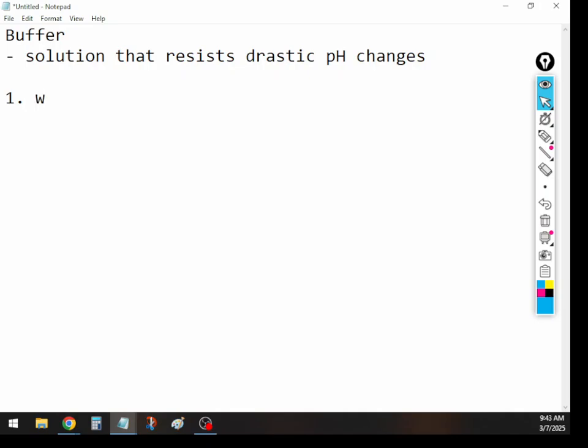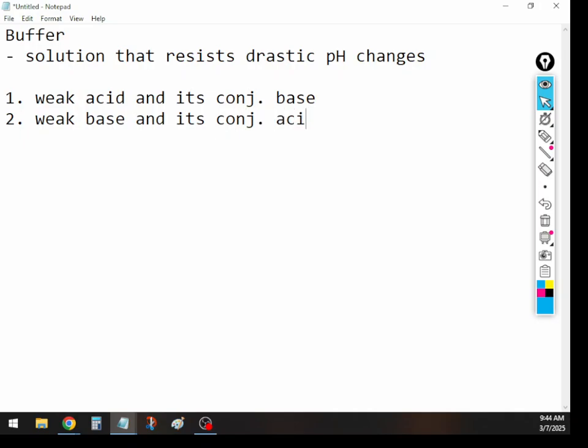The first is a solution that contains a weak acid and its conjugate base, and the second type is the opposite. It's a weak base and its conjugate acid. Okay, so those are the 2 different types of buffers. But they pretty much function the same way.